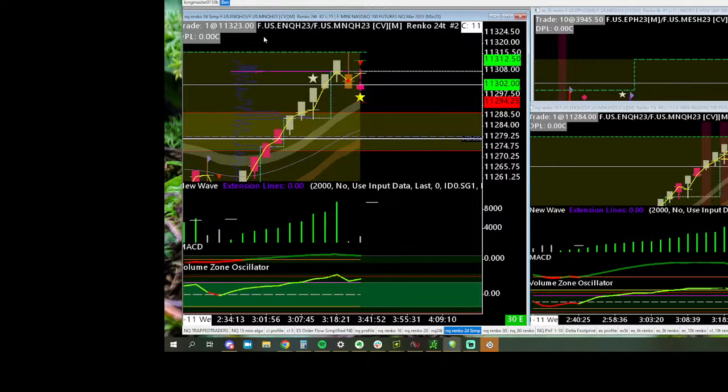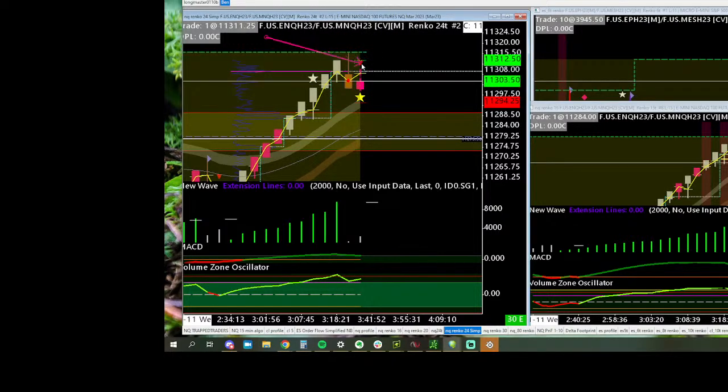So like it could have gotten up on this one. It could have been up here on this one, but then if it would have closed bullish here, it would have to drop.